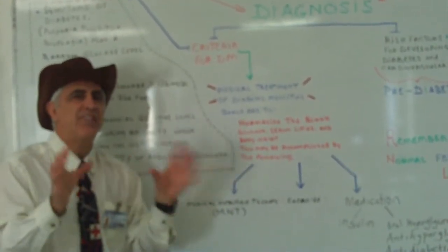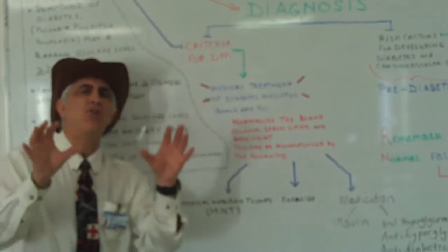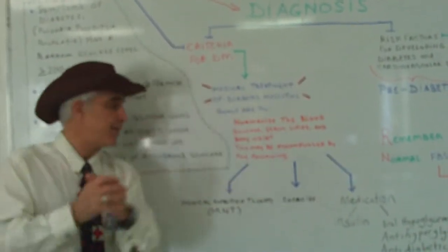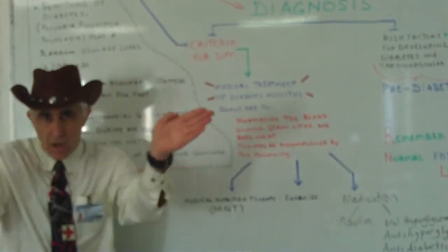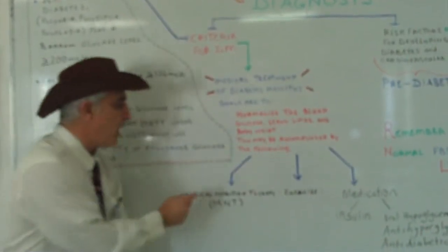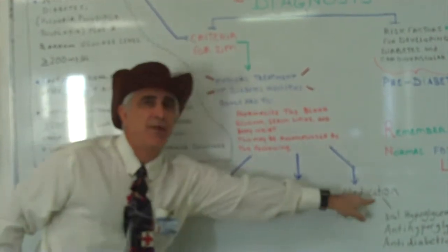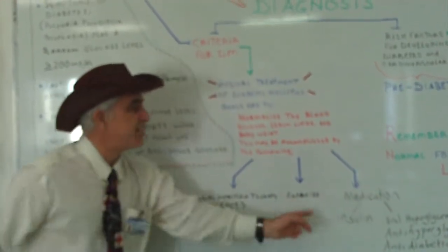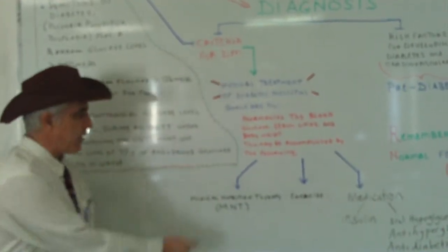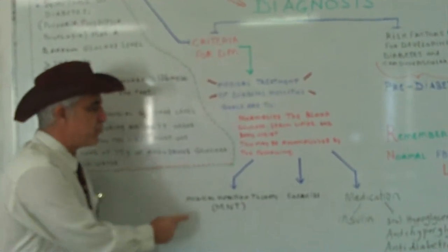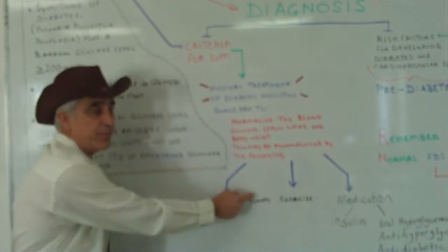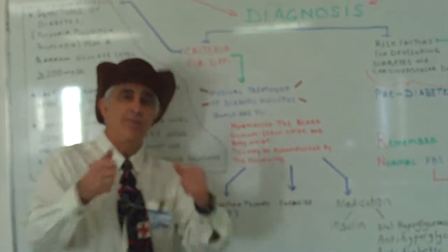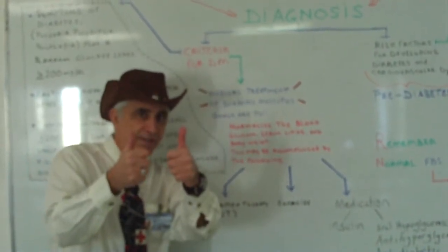How are we going to establish this? Well, the medical regimen for a diabetic is going to be on 3 arenas. A 3-pronged attack, if you will: nutrition, exercise, medication. They use the fancy term for nutrition, medical nutrition therapy. Exercise is very positive for the diabetic, with a few cautions.